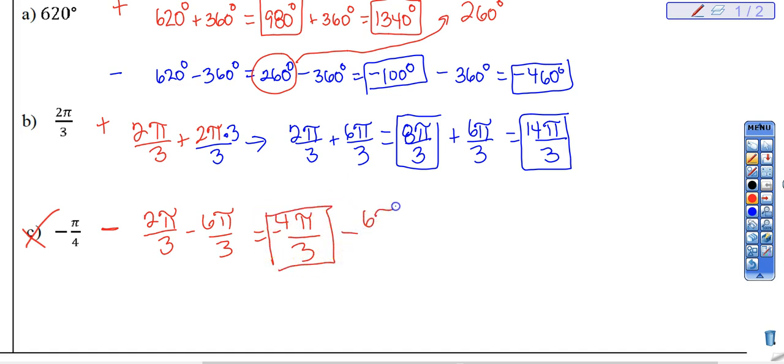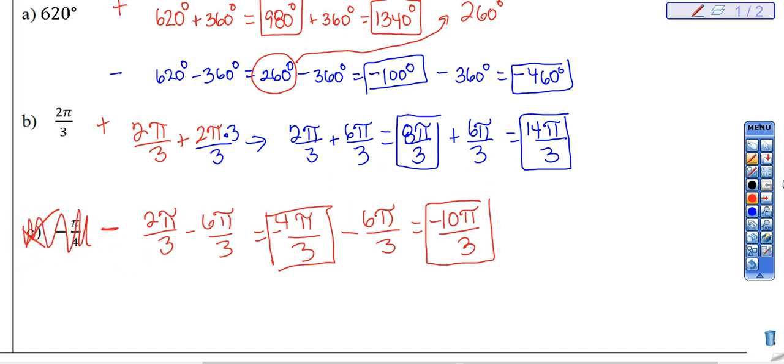Then subtract another 6 pi over 3, and that would give you negative 10 pi over 3 radians. That would give you two options. Again, infinite options for both of them, but why complicate your life by doing many revolutions? Okay, do you have any questions about that?